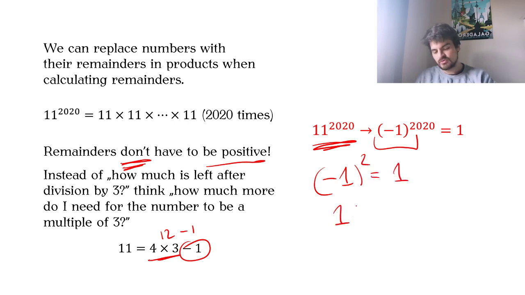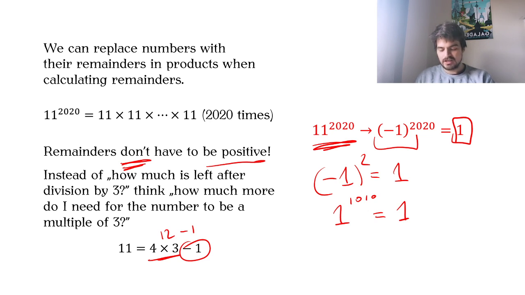So what we have is 1 to the 1010, which is 1, right? So by using a negative remainder, we just simplified the problem to the point where it becomes obvious. It just becomes super easy. We just need to raise minus 1 to an even number, which must be 1.